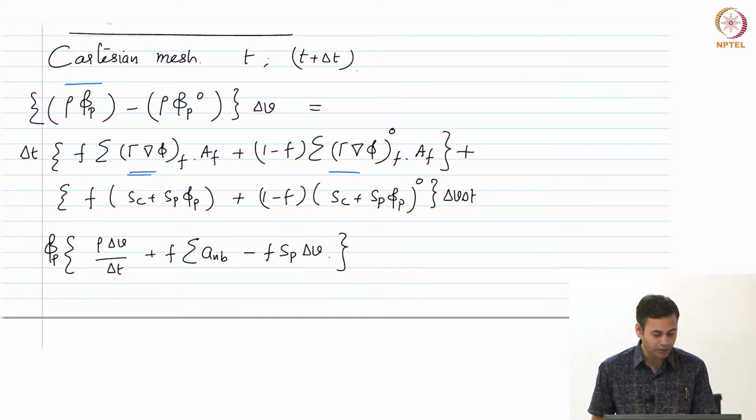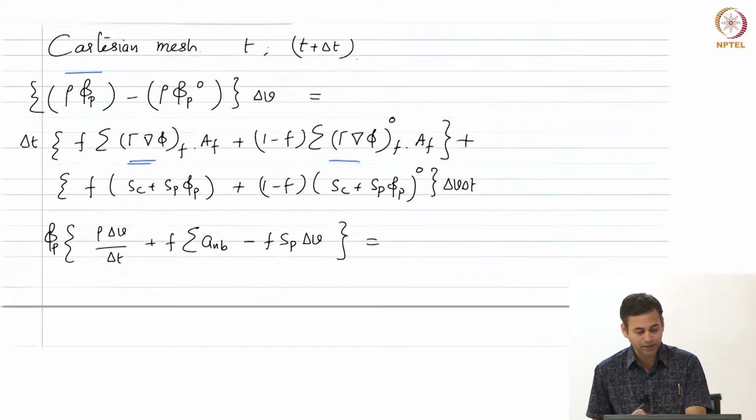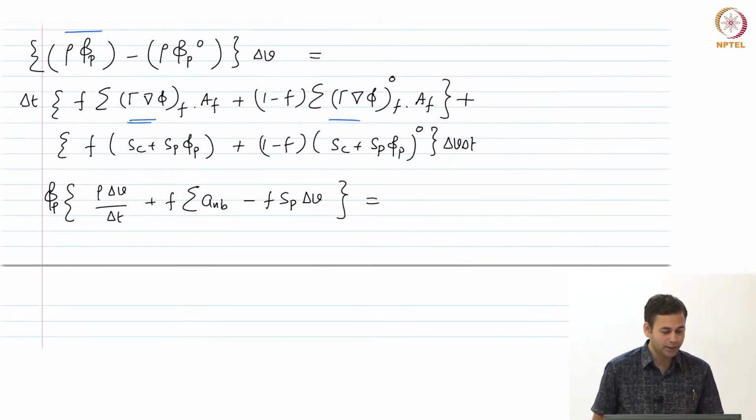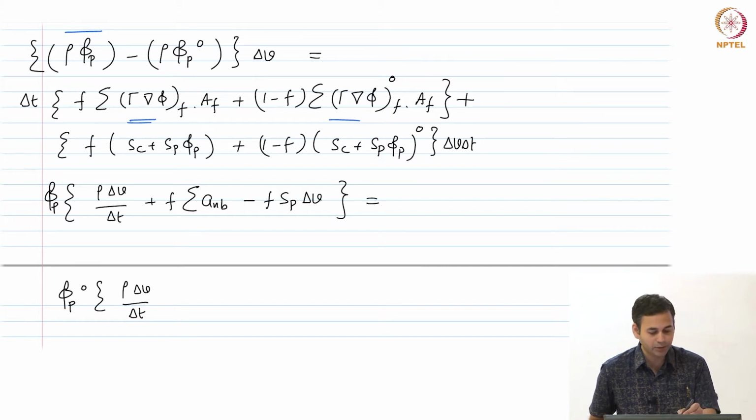So this is the term that we have, equals what will be on the right hand side now? Of course, let us collect the terms for phi p 0. The first term phi p 0 has is rho delta v by delta t, the leftover term on the left hand side. This comes to the right hand side and it will become rho delta v by delta t. And what other terms contribute to phi p 0? 1 minus f times gamma grad phi 0.